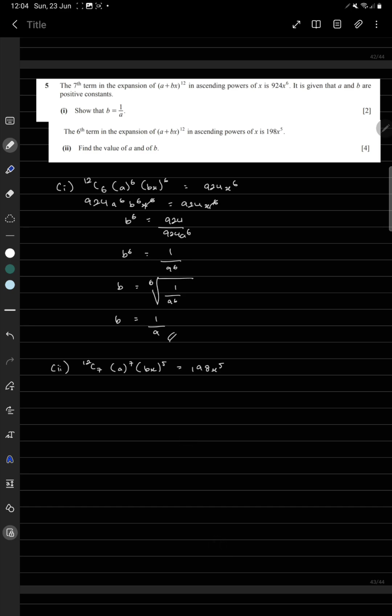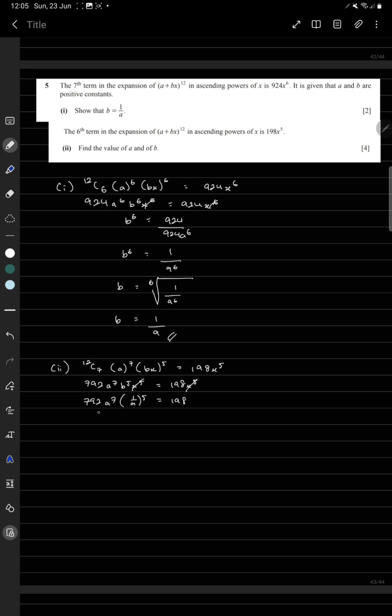Now 12C7 is going to give you 792, then a^7, b^5, x^5 equal to 198x^5. So we can cancel the x^5. We can substitute the b here. So 792 a^7, (1 over a) to the power of 5, equals 198.